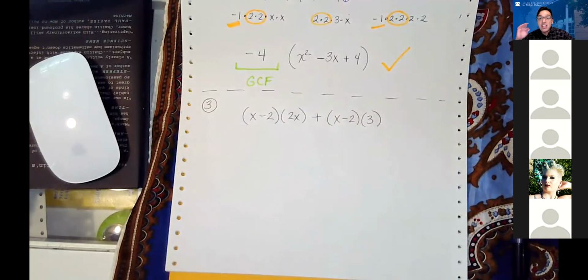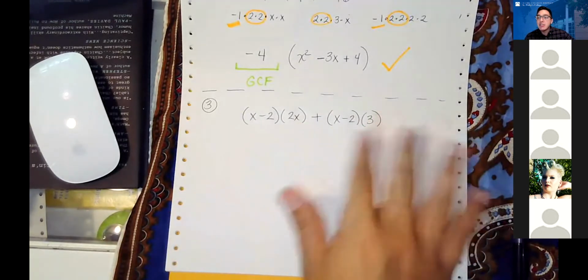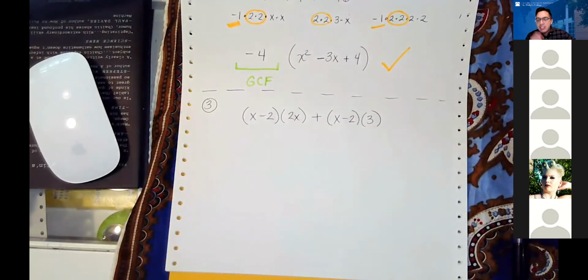You need to not be on autopilot when we're thinking about factoring. You need to be thinking about what the common factors are for each of the terms in your polynomial. So can anybody tell me how many terms are in this expression here?